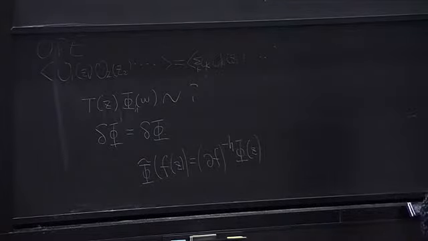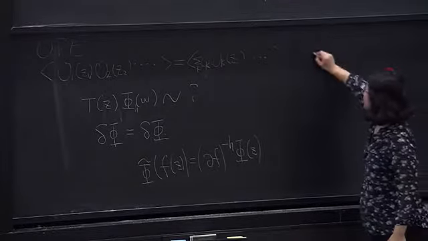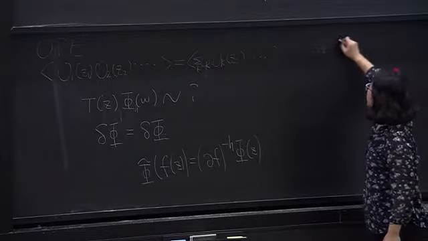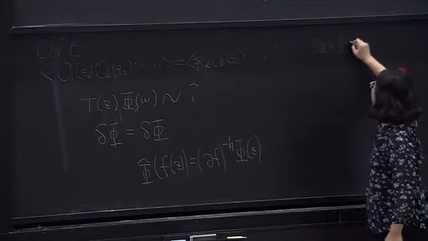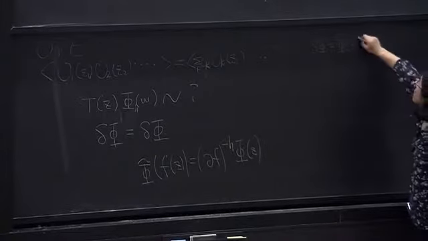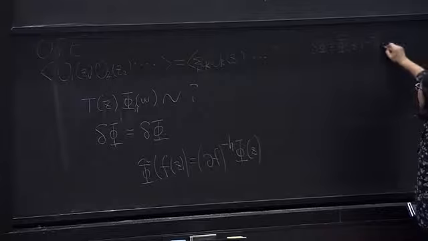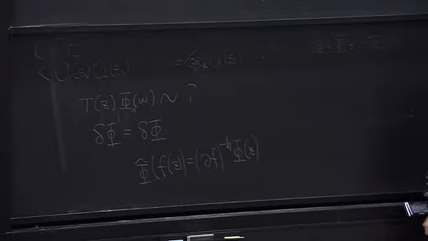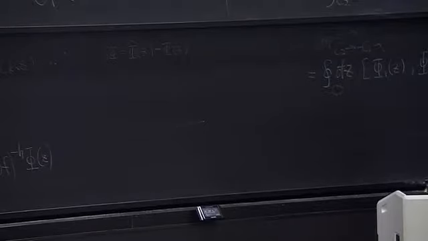So let's do this and try to find the infinitesimal version, which is to define the new field at the same location and subtract the old field. I want to calculate the change in the operator. It doesn't make sense if they're not at the same location.